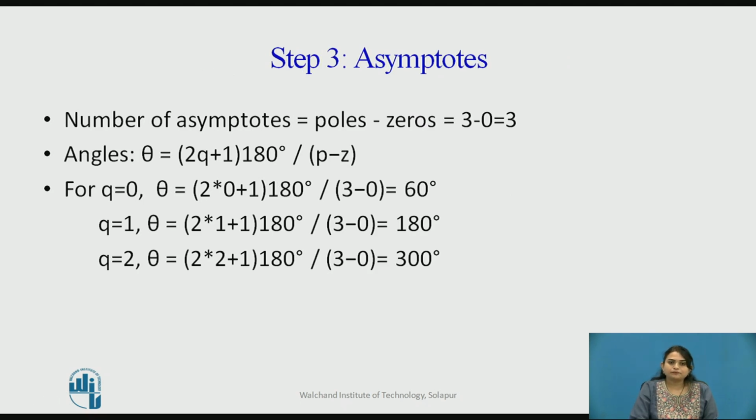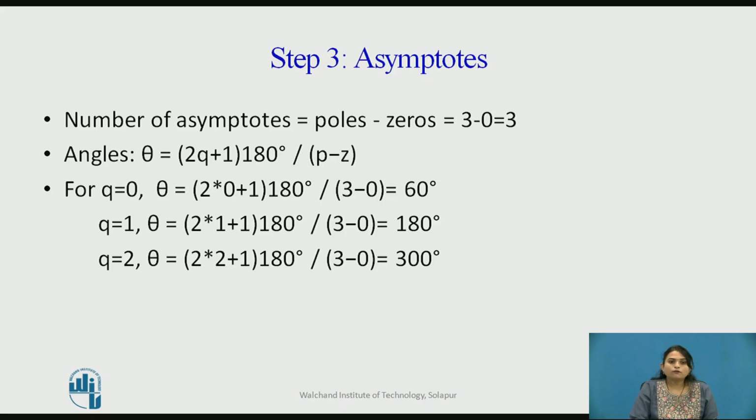Step 3: number of asymptotes. We have 3 branches, and these branches are called asymptotes. To plot the asymptotes, we should know the angles. The number of asymptotes is equal to the number of branches, 3 minus 0, which is 3. The angle is calculated with the formula theta is equal to (2q+1)180 degrees upon p minus z.